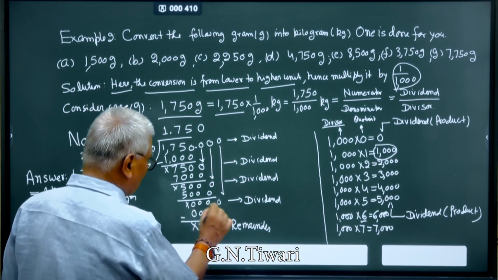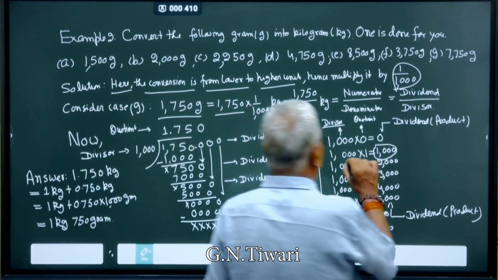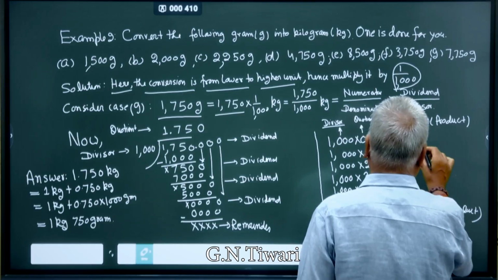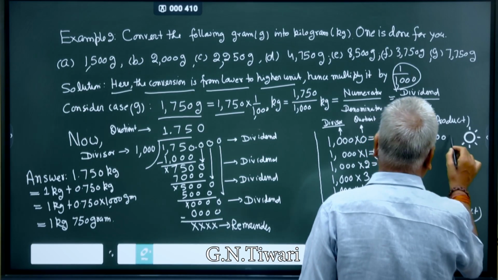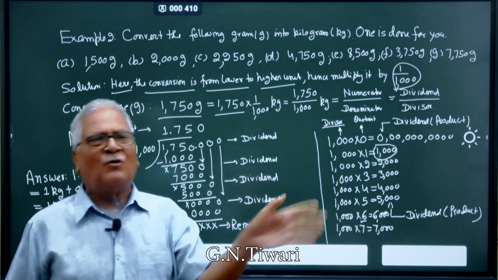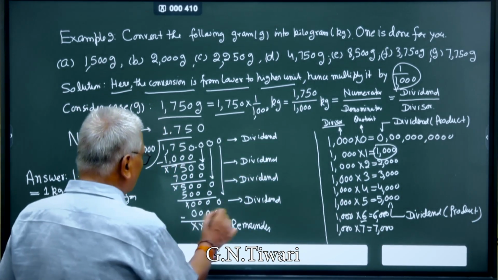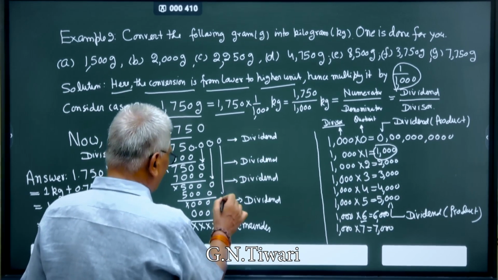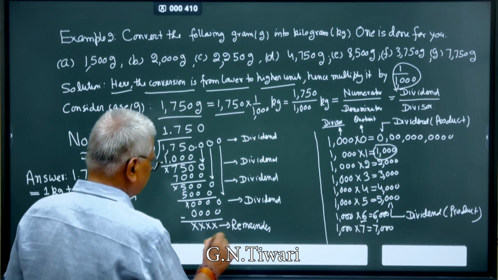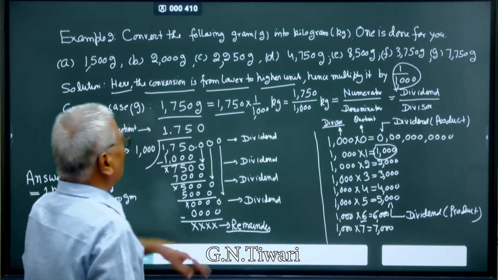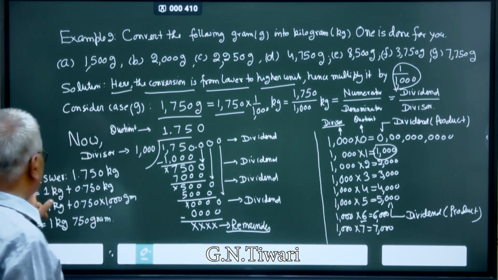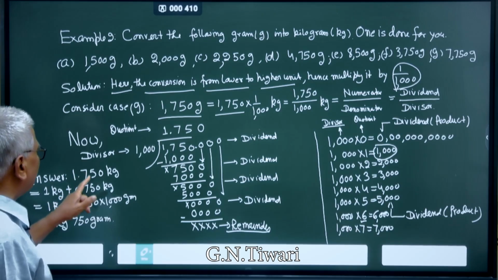So 1000 into 0 is 0, and this becomes the remainder. So now the conversion becomes, this is the quotient, and the answer is equal to 1.750 kg.